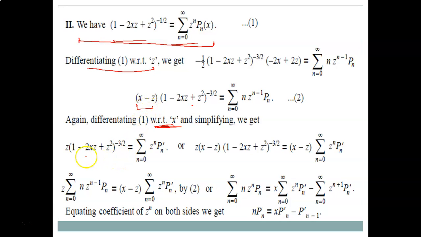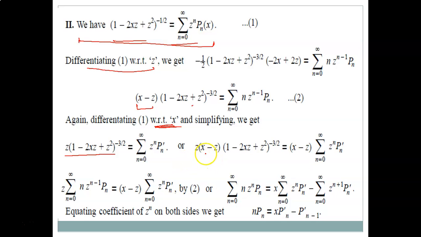So in this way you get here this quantity, and in the right hand side, because you are differentiating with respect to x, the function of x is P_n in fact, so that is why you differentiate it, it gives you P_n dash, right? So in fact this expression is coming after simplification, it is not directly from here. After simplification you can get this expression, and we are having this thing.